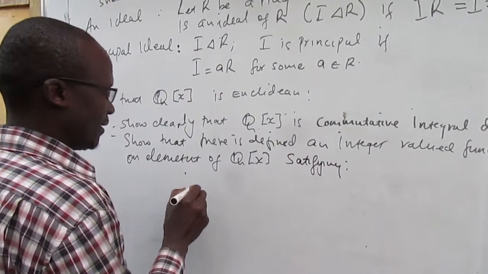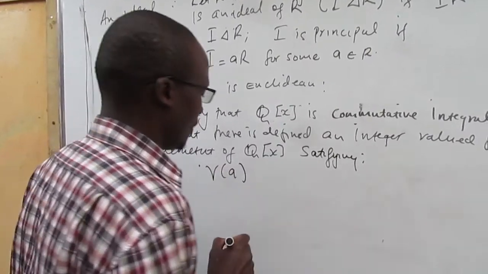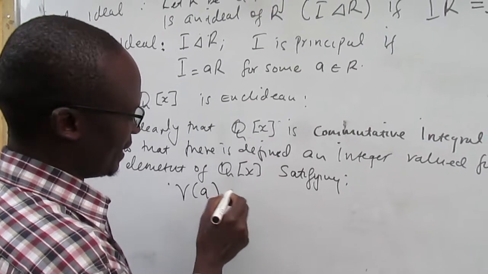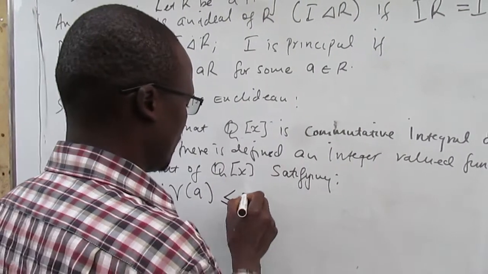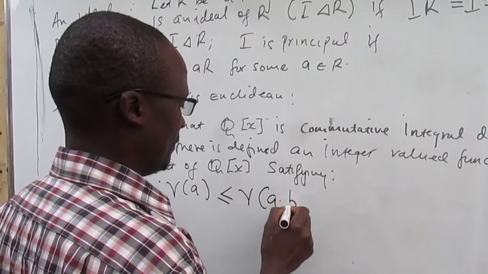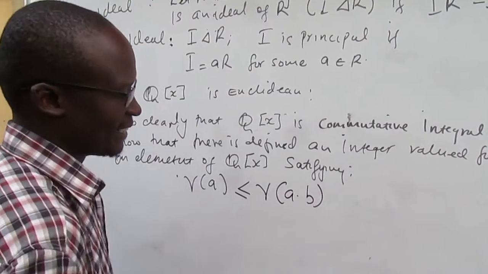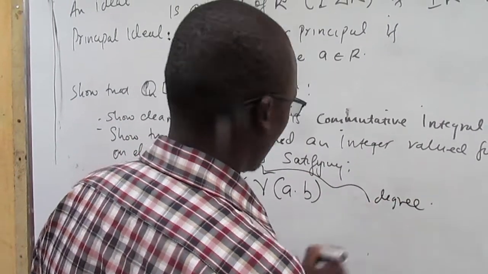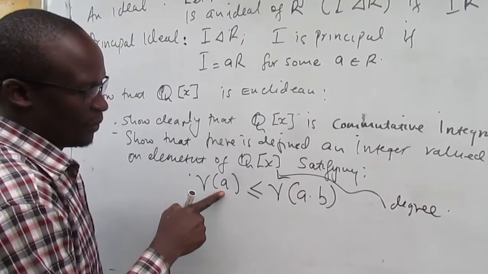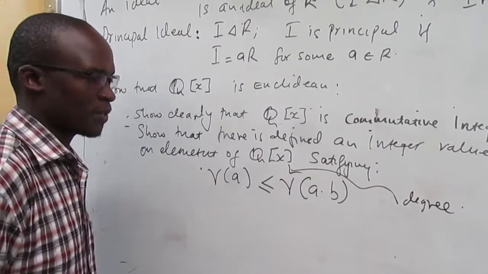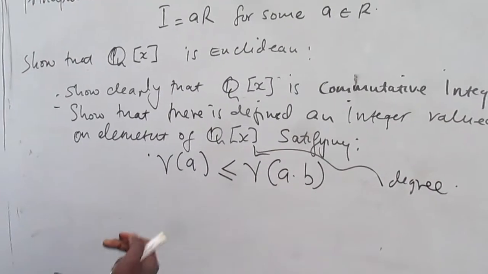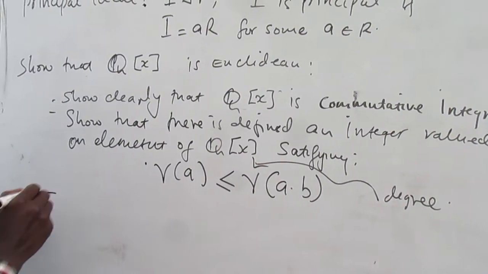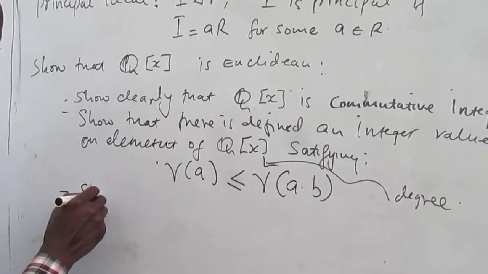Number one, we want this integer valued function defined for a single element to be less or equal to this function defined for a product of two elements. Now in our case, this integer valued function is a degree function, and we know that the degree of a single polynomial is less or equal to the degree of the product of two polynomials, because the degree of the product is obtained by adding the degrees of the individual polynomials.